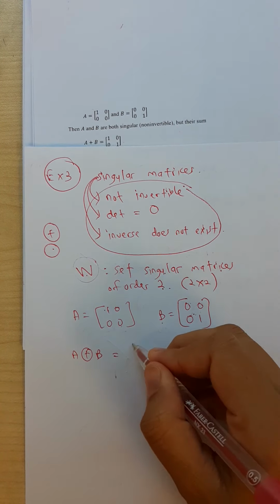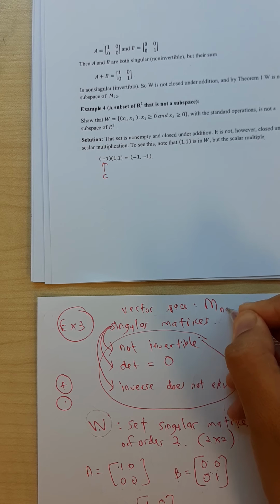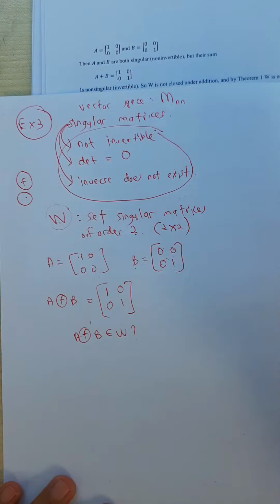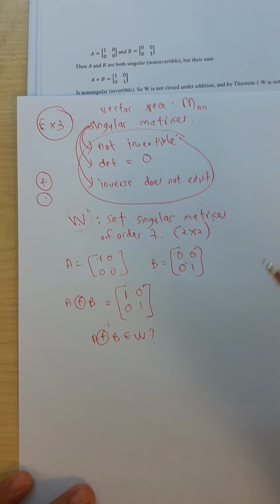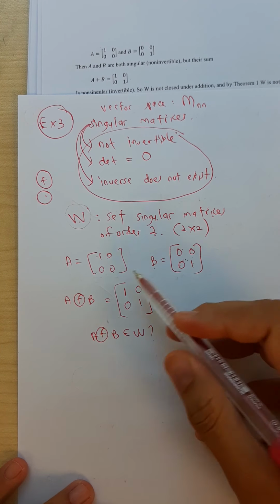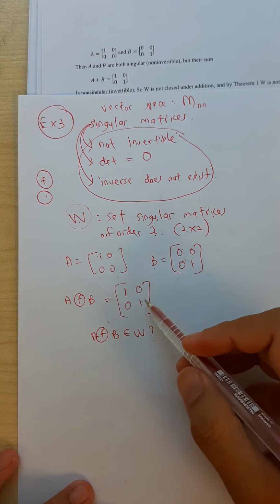The vector space here is given by Mnn. So we want to check if this W is inside Mnn or not. Based on this, going back to the set W, the set of singular matrices, let's check the determinant.